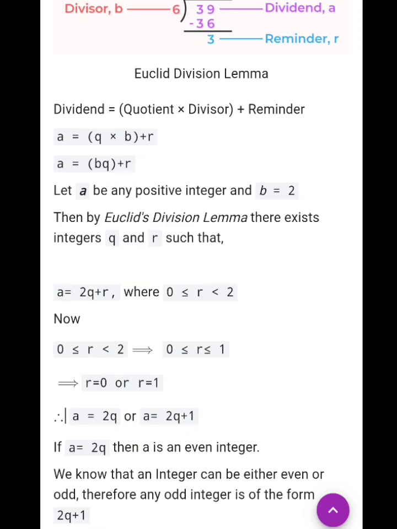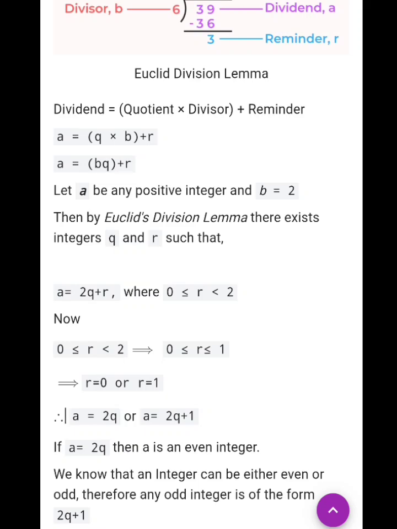But we know that the remainder will always be less than the divisor. We also know that the remainder is always greater than or equal to 0. Remainder can be 0 or greater than 0.